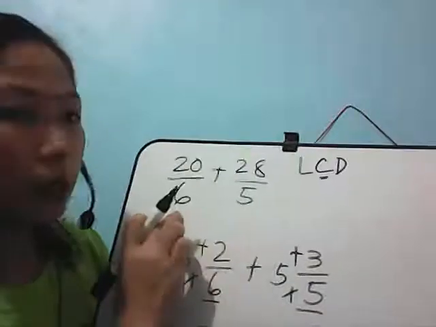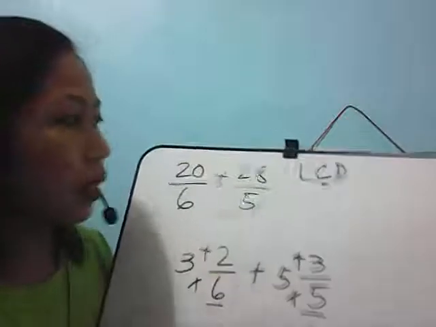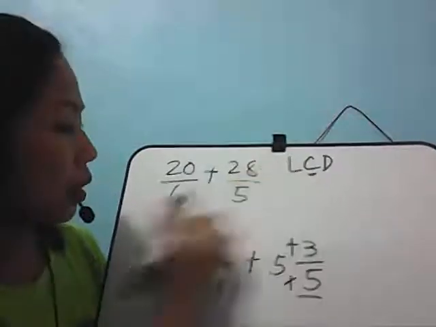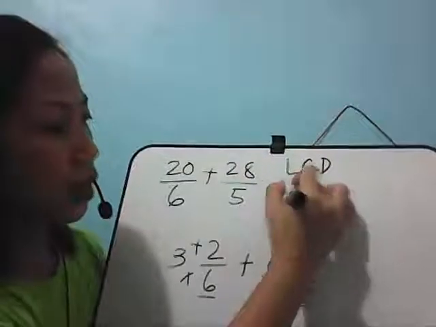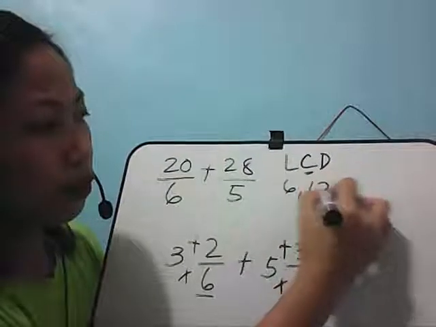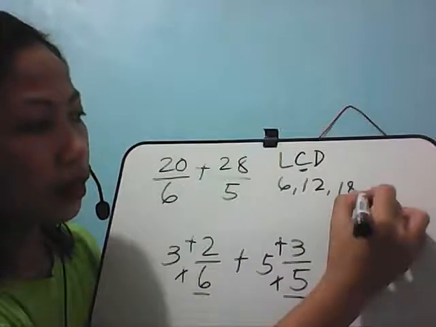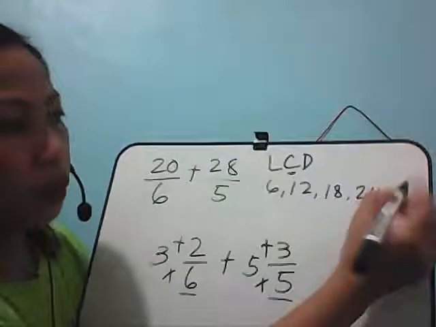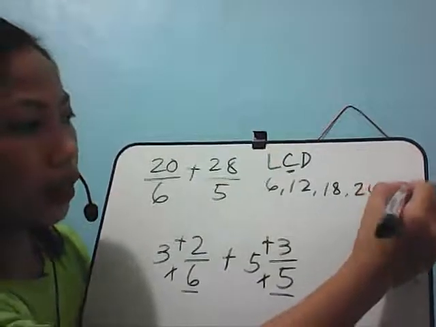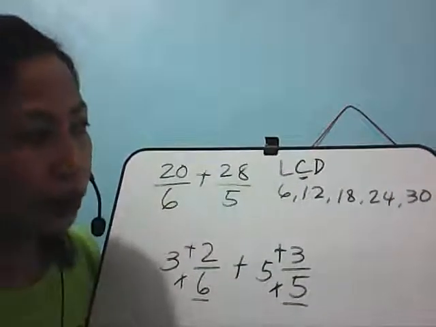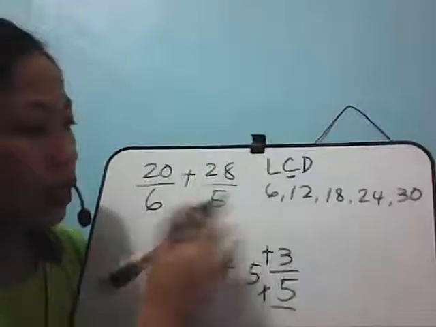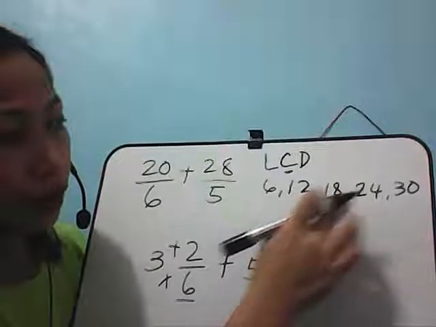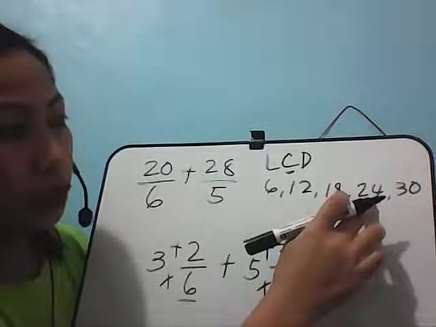Let us find the multiples of 6 and the multiples of 5. What are the multiples of 6? 6, 12, 18, 24. Kasi 6 times 4 equals 24.